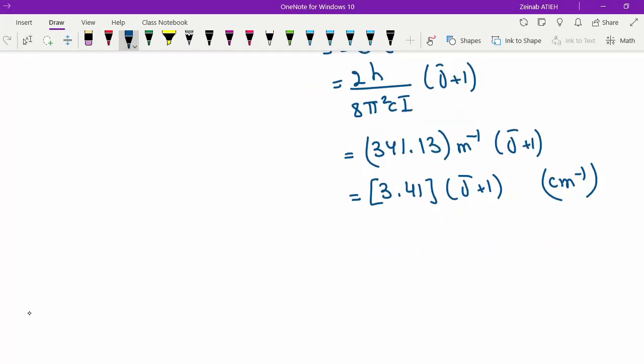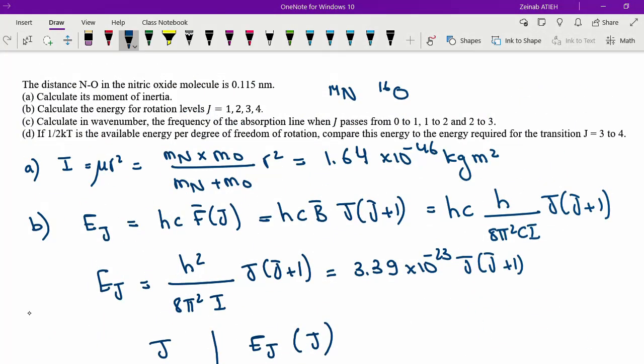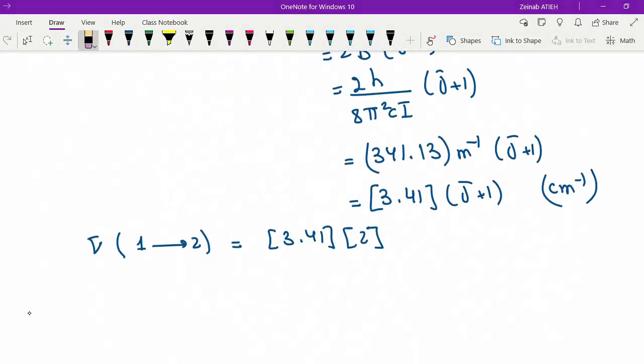Now to find the wave numbers of transitions from 1 to 2, for example, you have to do 3.41 multiplied by 2. Did he ask for a transition from 0 to 1? Okay, so he asked for a transition from 0 to 1. Let me start from 0 to 1. So I have to substitute for the smaller J, it's 1, and the answer is 3.41 centimeter minus 1.